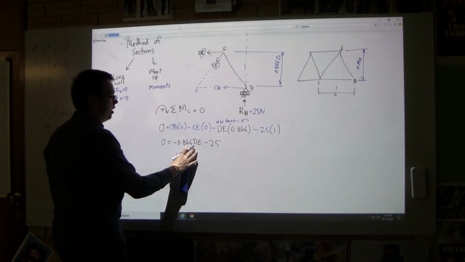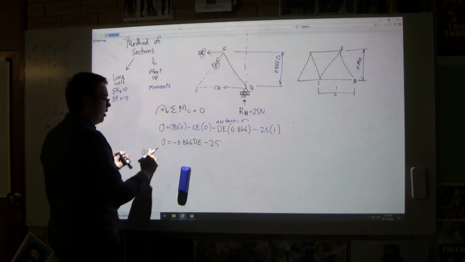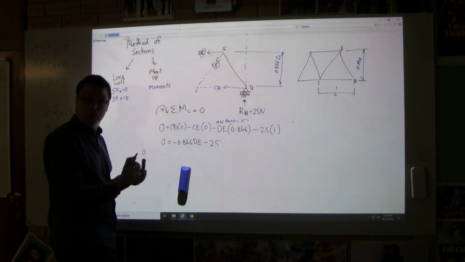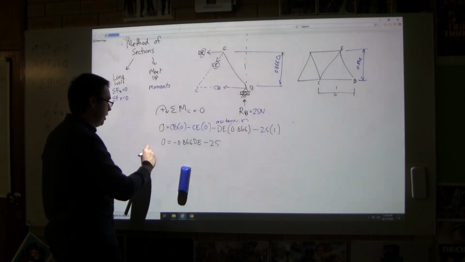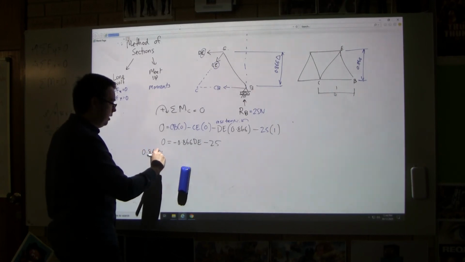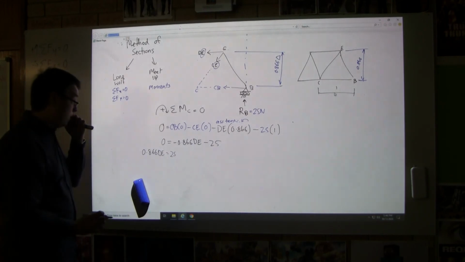I can then bring this side over here, and that's going to say 0, so now the negative gets removed. Does that make sense? Because if I bring it over here, it's now positive. 0.866 DE equals 25. So the same way that we said before.